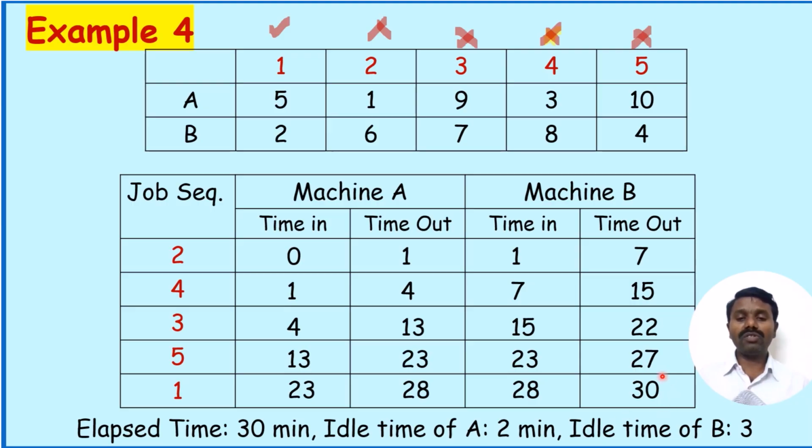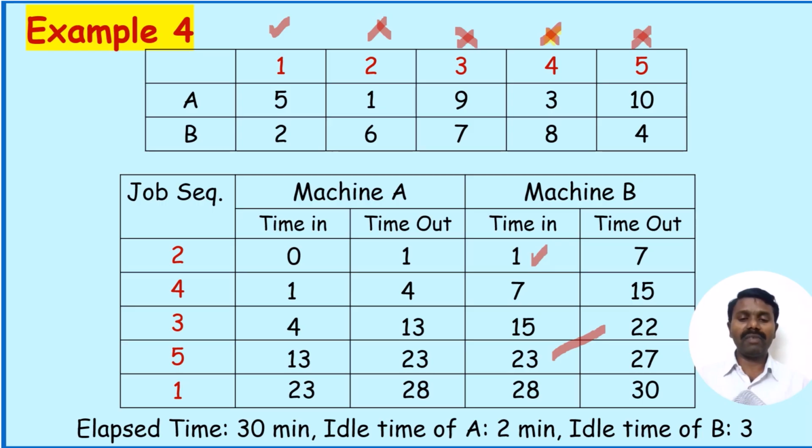Then if you see, machine B will take up to 30 minutes, but initially it is waiting for 1 minute here. There is no waiting time here, but there is 1 minute waiting time here, because it completed within 22 minutes, but it took another job only after 23 minutes.